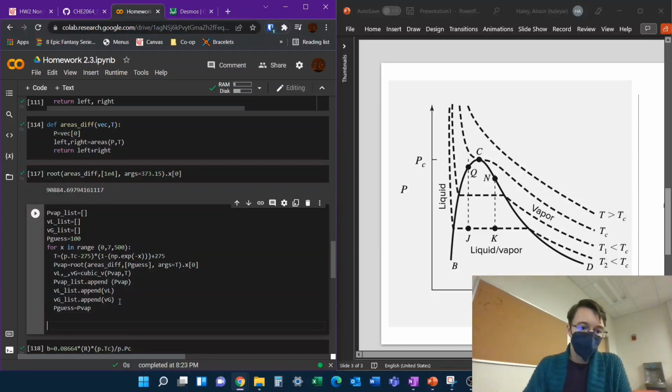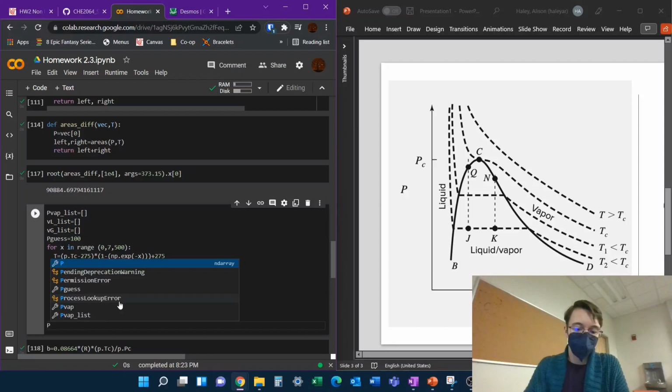So let's do that. We're going to have our pressures for plotting purposes, and that is going to be equal to, we'll start with the pvap list. So that will take us up here to the middle, and then we're going to want the pvap list again, because we want it for that side and want it for that side.